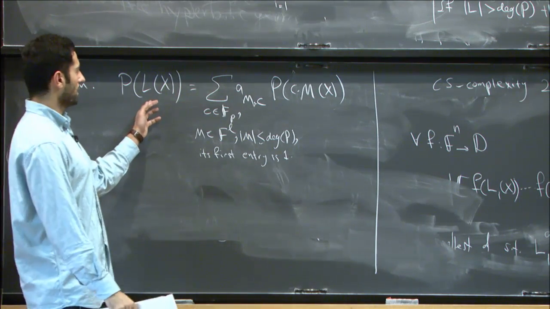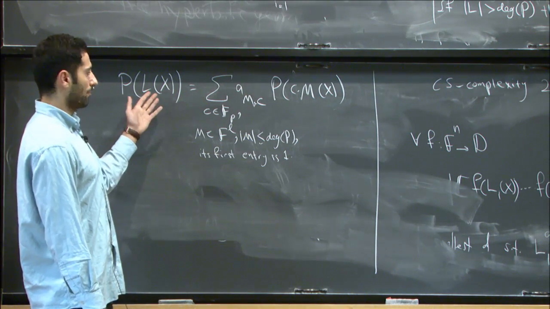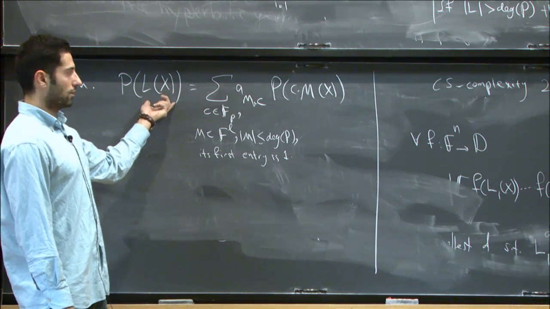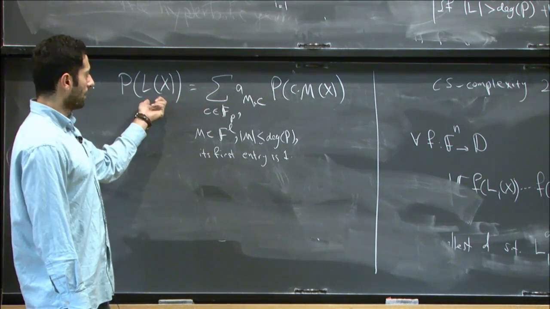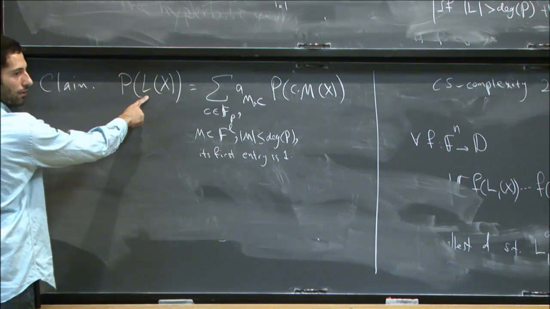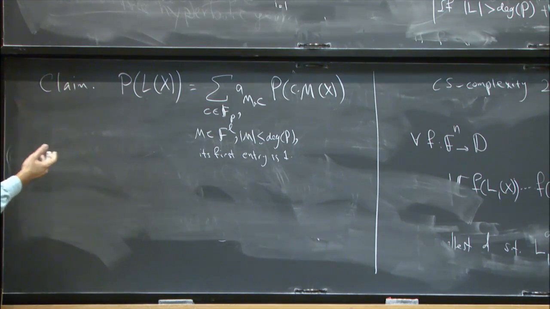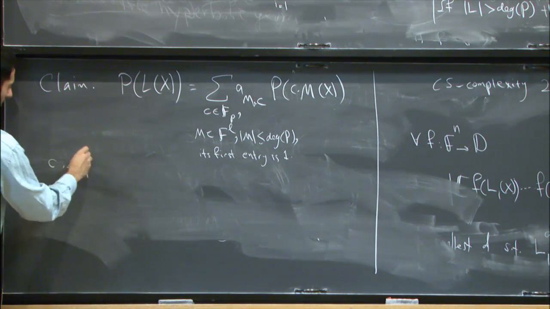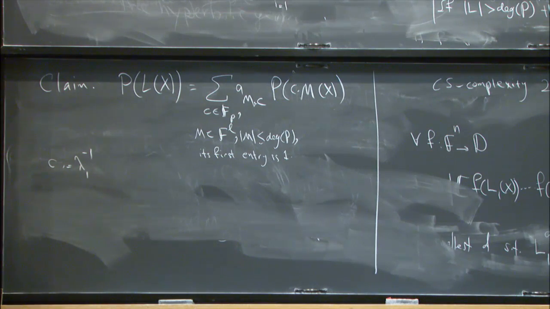We prove this by induction on, in fact, the support of L. So what do we do? We look at the first entry of L. We can assume that the first non-zero entry is lambda 1, let's say. So we pick c to be lambda 1 inverse.